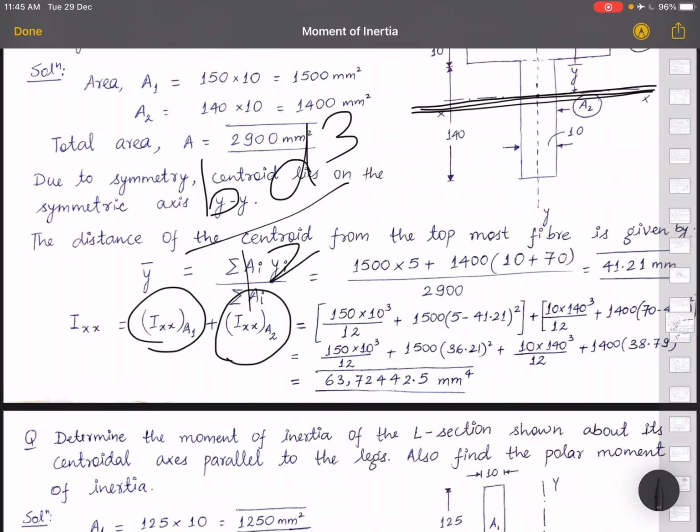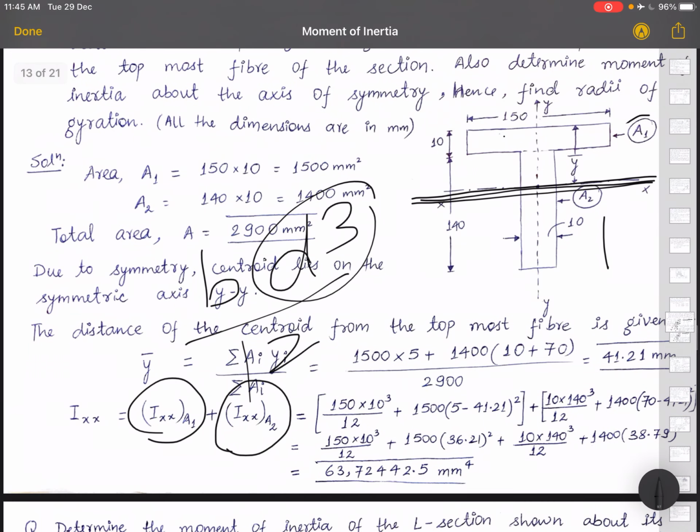For this A1 area, 150 is the width and 10 is the depth. So 150 into 10 cube by 12. This is about the axis which is the centroidal axis of A1.